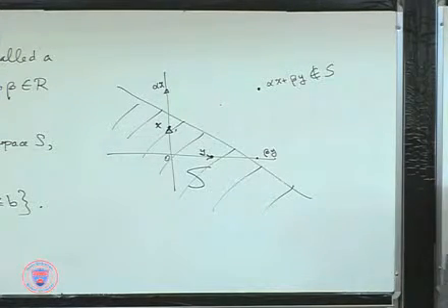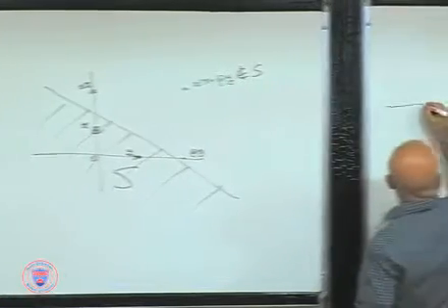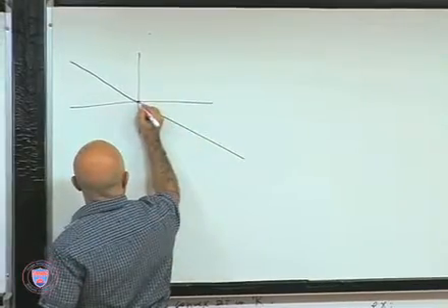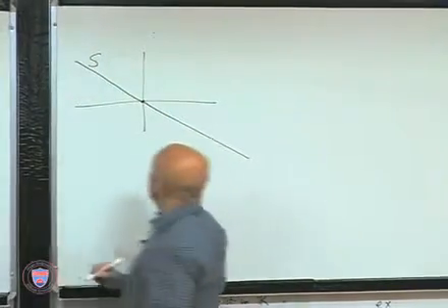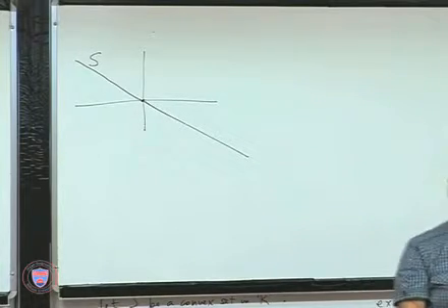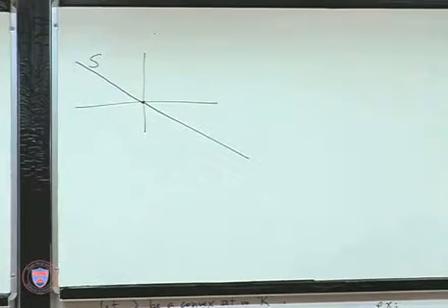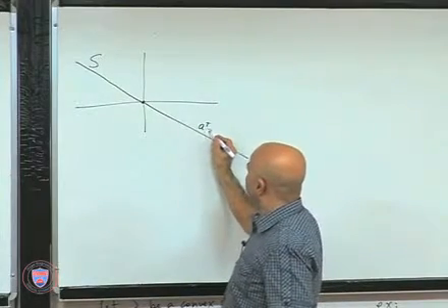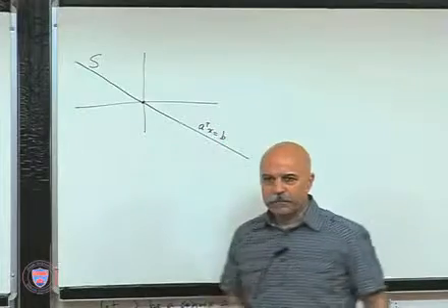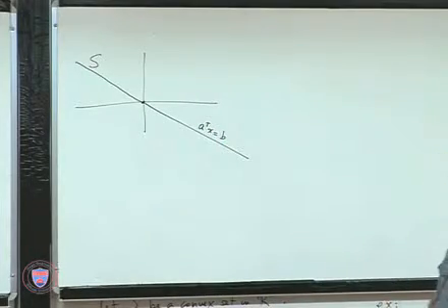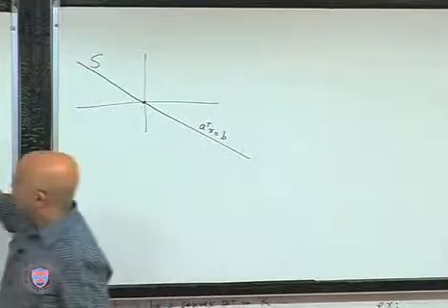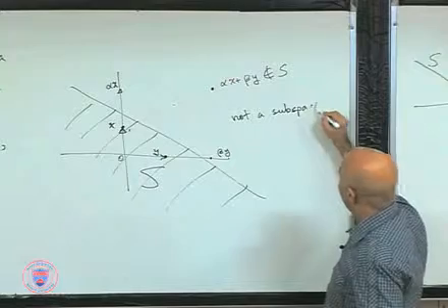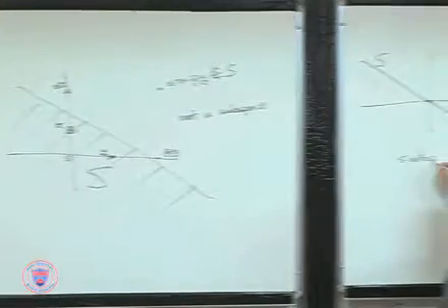Another example. Suppose S is a hyperplane passing through the origin. Is that a subspace or not? This is defined by A transpose X equals B for some A and B. It is a subspace. So this one is not a subspace, but this one is a subspace.